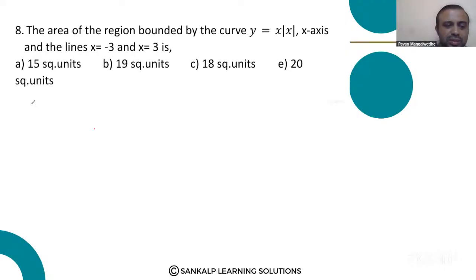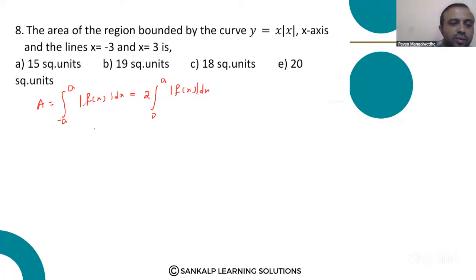So using this condition, the generalized formula for area A is the integral from minus a to a of mod of f of x dx, which can be written as 2 into the integral from 0 to a of mod of f of x dx.